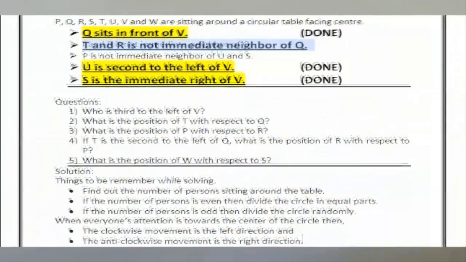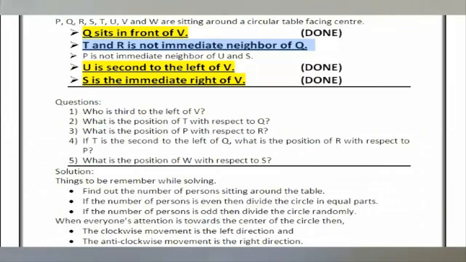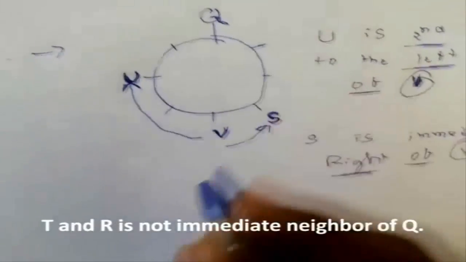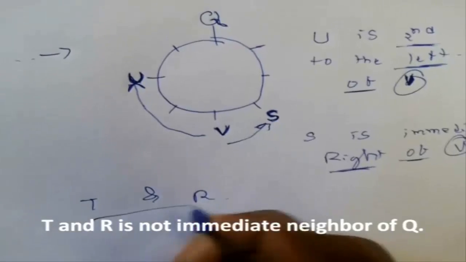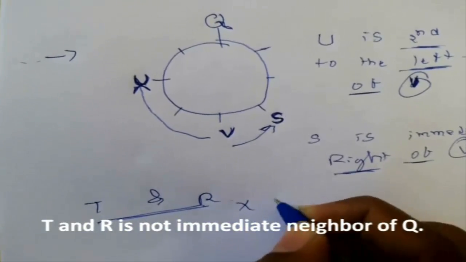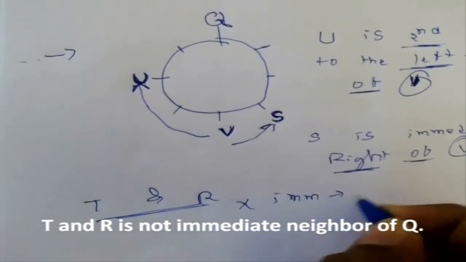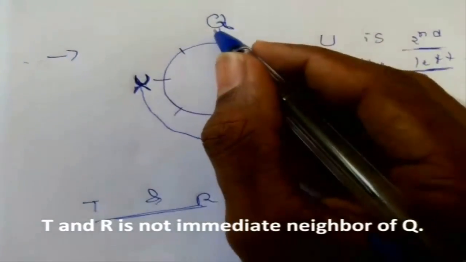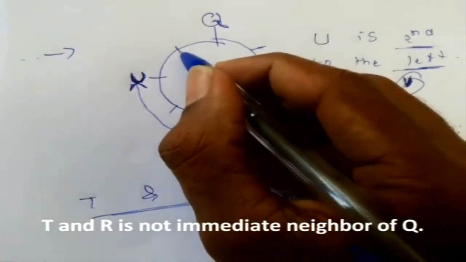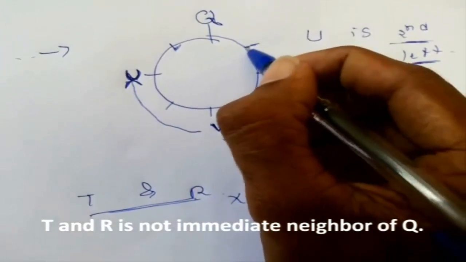The second condition says T and R are not immediate neighbors of Q. So Q is here and the immediate neighbors of Q are this one and this one.